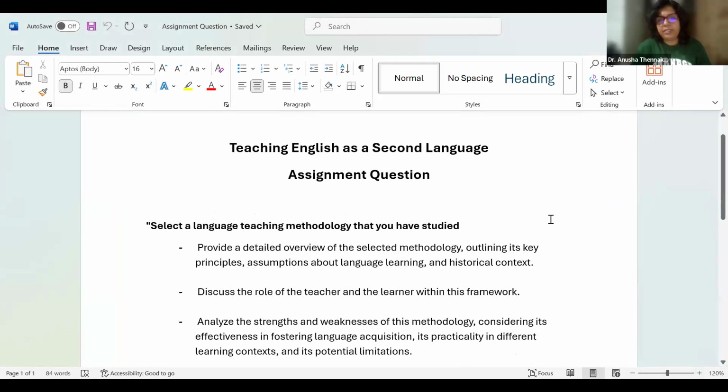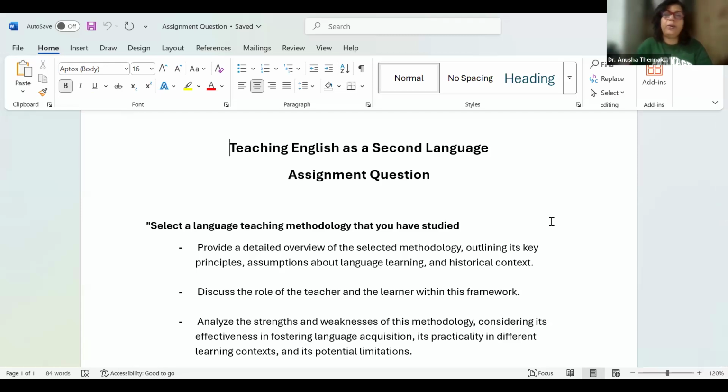Select a language teaching methodology that you have studied. To start answering this assignment question, we have to complete today's lesson because we did not complete the stuff related to this question.